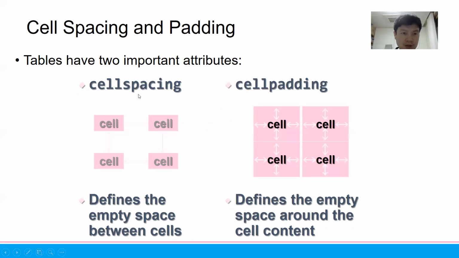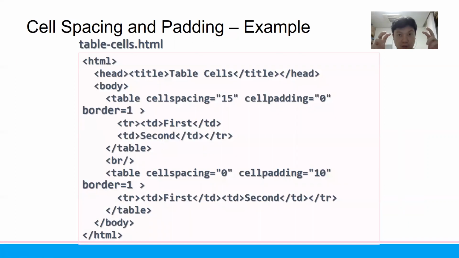The cell spacing is the distance between the outer sides of the cells. This is important to define the space, so you can see the table more clearly and it's not that narrow when you put in the cell spacing and cell padding.